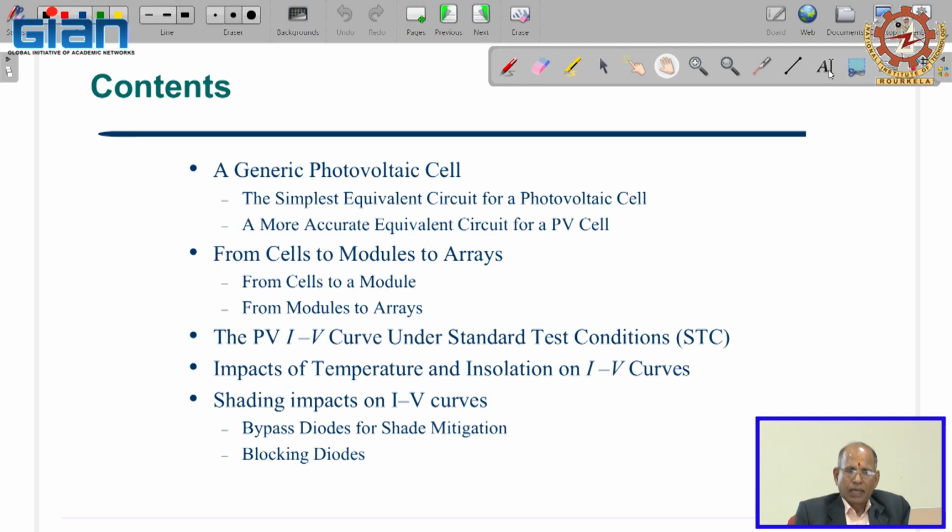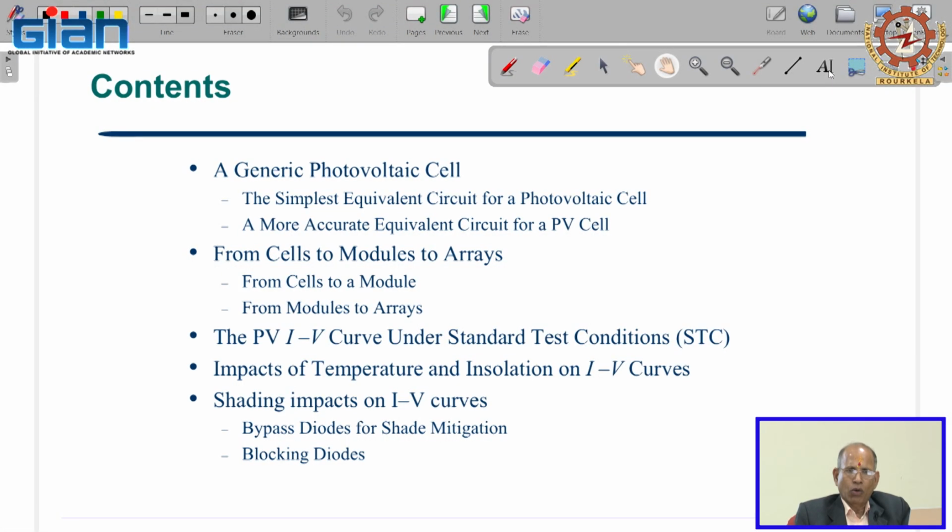As we place the PV panel in the field condition, its performance, its power output, significantly drops. So we are going to see how much is the drop in the power output in the actual field condition. And then we are going to see the shading impact on the IV characteristics of the PV system.